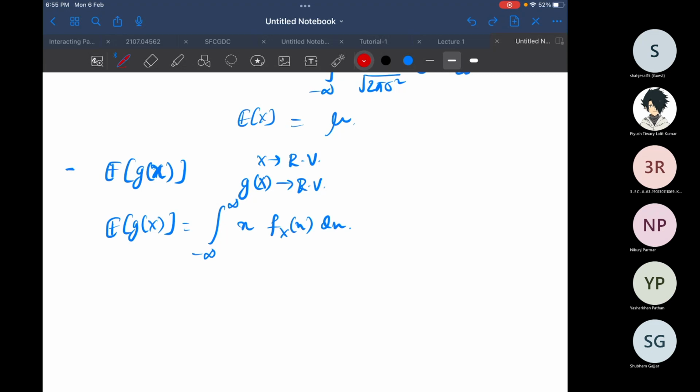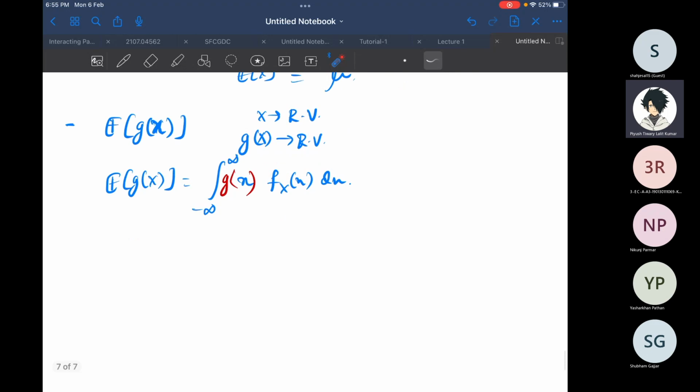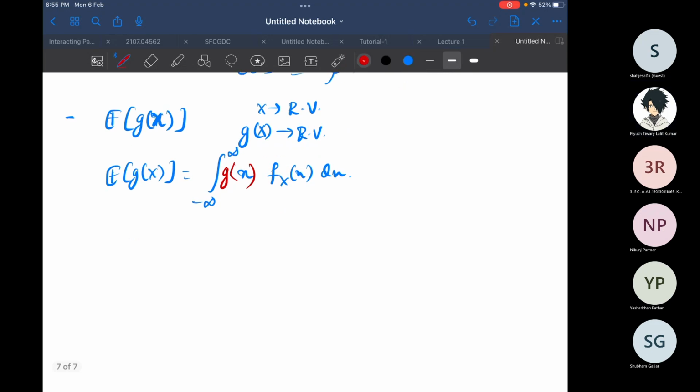So instead of taking the weighted average of x, you take the weighted average of g of x, the new function that you are given, and that will be the expectation of your new random variable g of x.